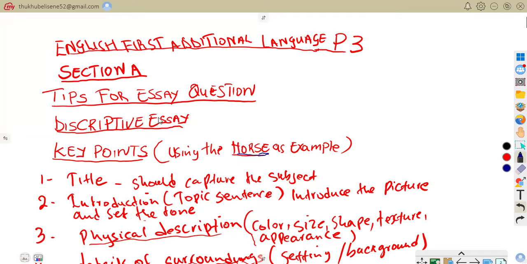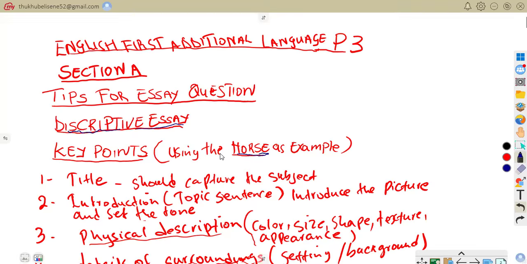Now you know very well that when you're talking about a descriptive essay, it's all about painting a picture. How so? You use vivid language to describe a person, a place, an object, or experiences.